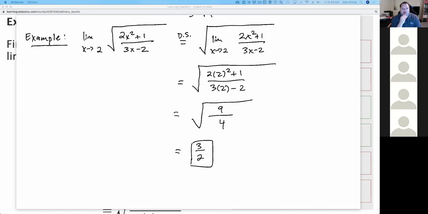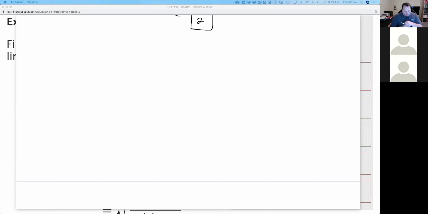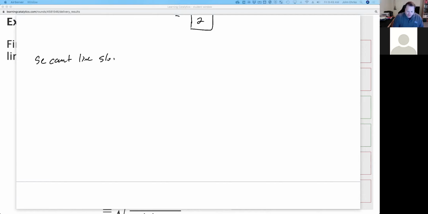So number 1 is talking about a cardiac monitor used to measure heart rate. It says use data to estimate the heart rate after 40 minutes using the secant line, right? So the secant line slope is just your regular slope formula. In this case, it would be the change in heart rate divided by the change in time, right?